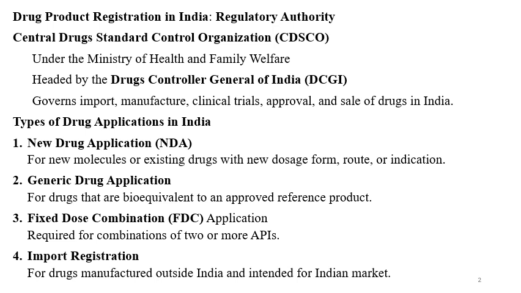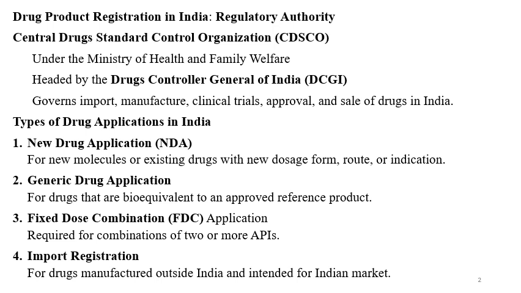So new drug application for new molecules or existing drugs with new formulation, with new route of administration or new indication. These all come under the new drug application. Then generic drug application. These are for the drugs that are bioequivalent to an approved reference product.